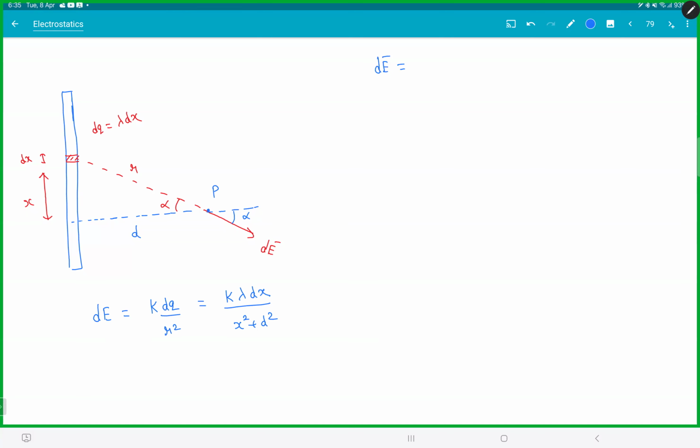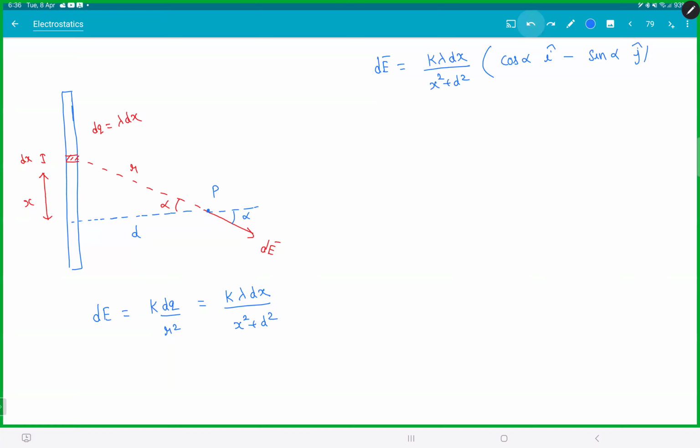So dE bar, when you resolve it into components, will be k lambda dx by x square plus d square, times cos alpha i cap minus sin alpha j cap. Agreed?